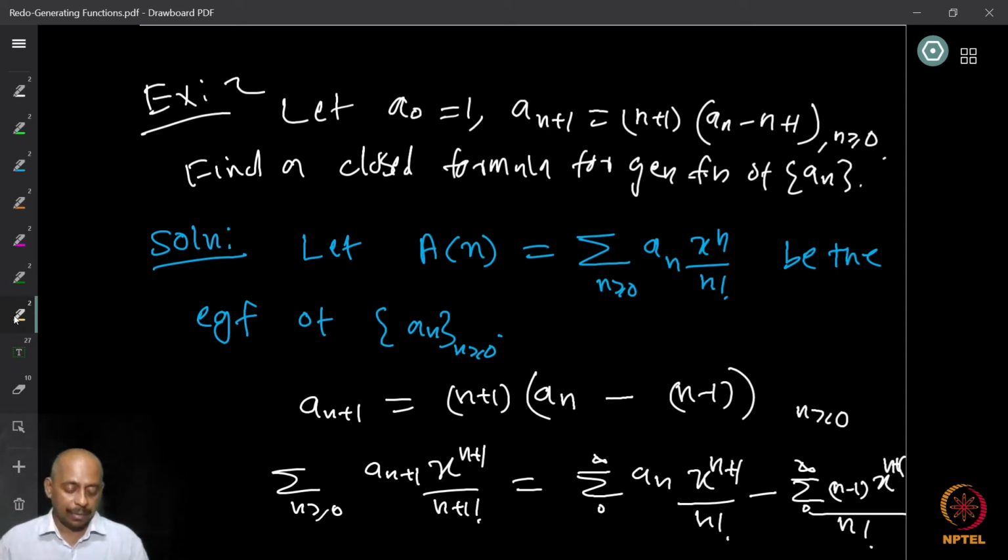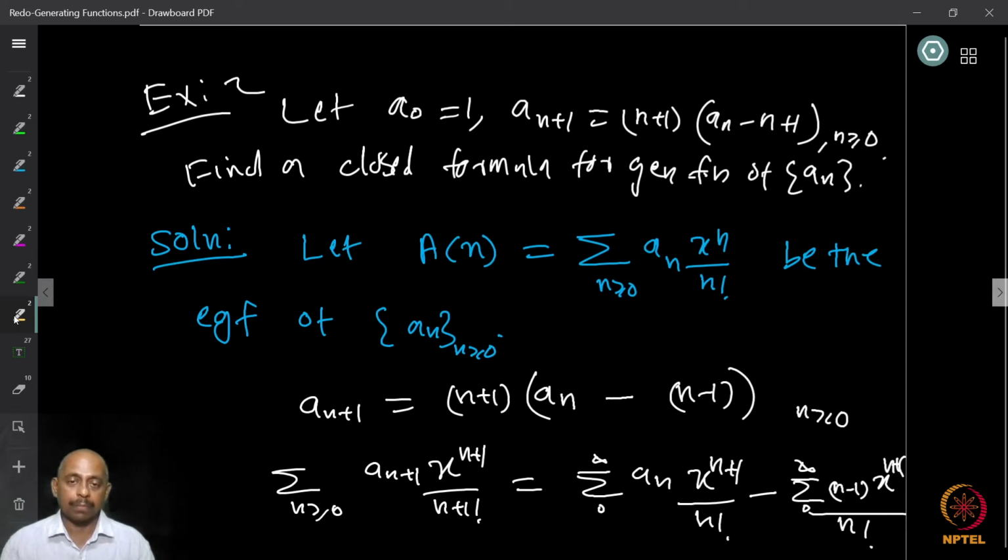I will get the summation over n greater than or equal to 0 of a_{n+1} x^{n+1} by (n+1) factorial, and the summation over n greater than or equal to 0 of a_n x^{n+1} by n factorial, because the n plus 1 got cancelled. The n plus 1 is multiplied and divided by (n+1) factorial, so I will get n factorial in the denominator. Similarly, for the second term also n plus 1 goes, so I get the summation of (n+1) x^{n+1} by (n+1) factorial, which is x^{n+1} by n factorial.